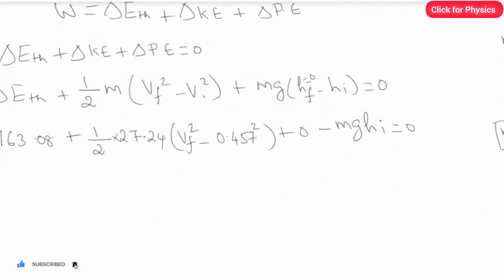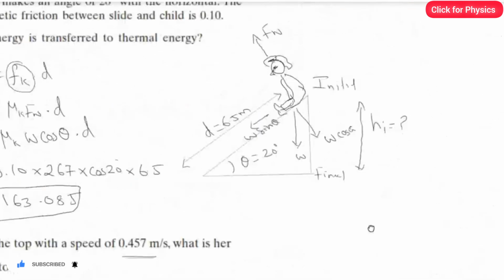Now let's substitute the value of hi. So how to find the hi? We have to go back to the diagram. We have to apply the sine theta. What is the formula for sine theta? Sine theta is nothing but opposite side divided by hypotenuse, right? So what is your opposite side here? The opposite side is h.